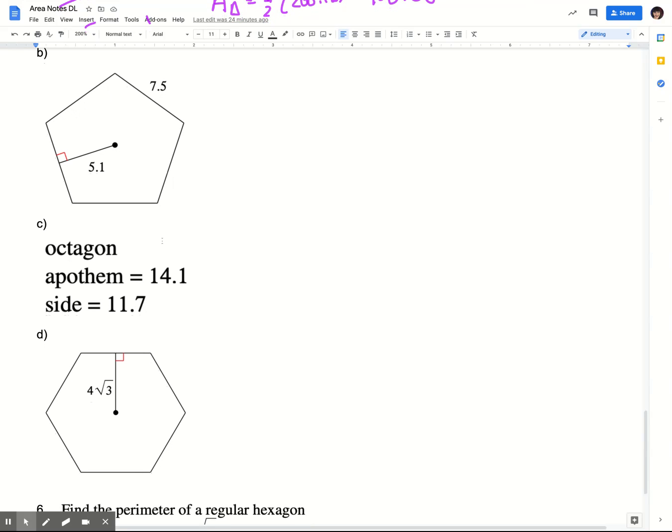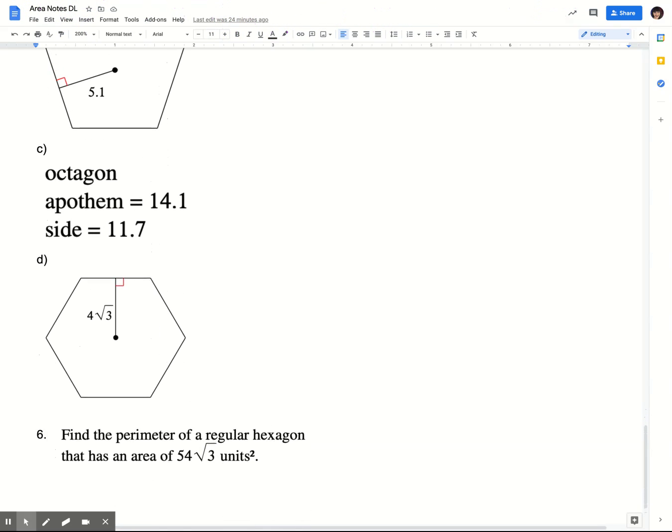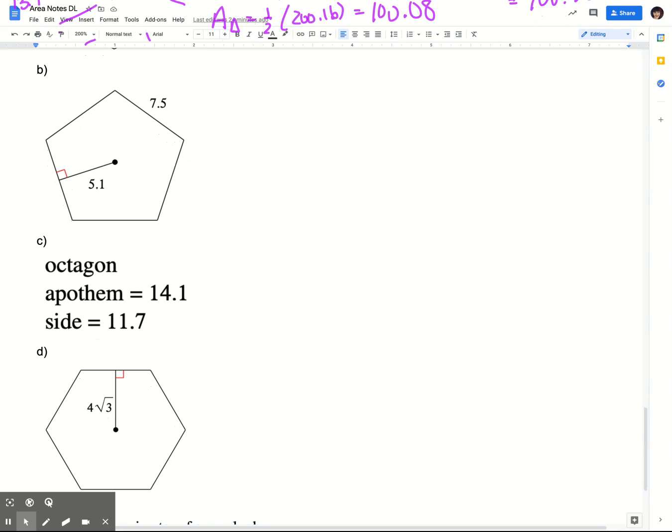I want you to try those two on your own, and then check back with me to see how you did. I will write the equation for you one more time. Remember that the area of a polygon is number of sides times the area of the isosceles triangle.